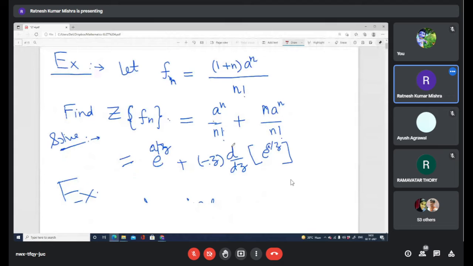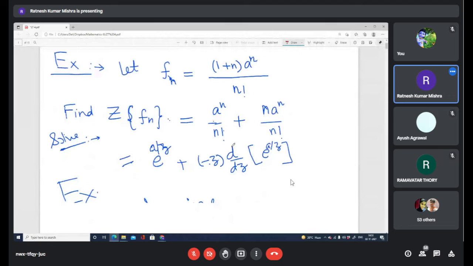So suppose F(z) equals z by z minus 1, and G(z) is, since this is z squared, we can write z into z, so z by z minus 3. So this is F(z) and this is G(z).